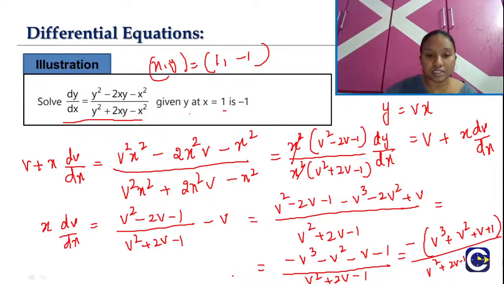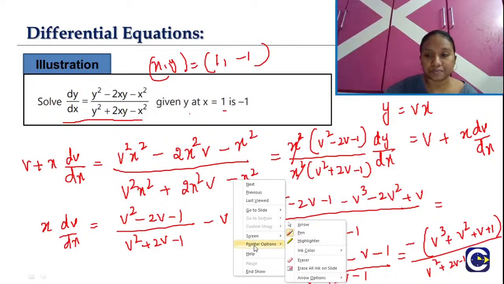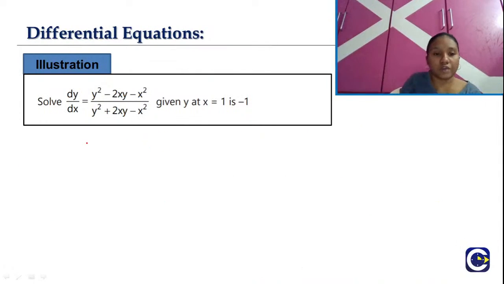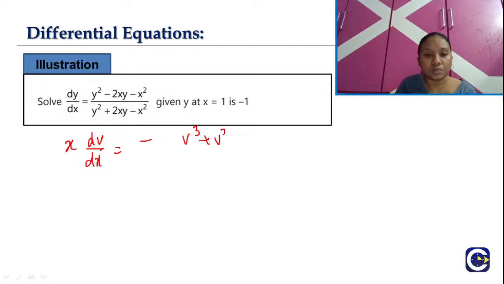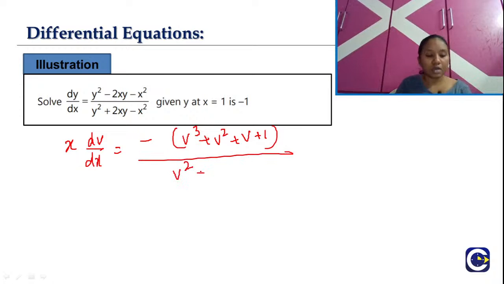So let me erase this part here. Now we have the expression in terms of v and x, that is, x dv by dx equal to minus of v cube plus v square plus v plus 1 divided by v square plus 2v minus 1. Now we can bring all the v terms to one side of the equation and the x terms to the other side.